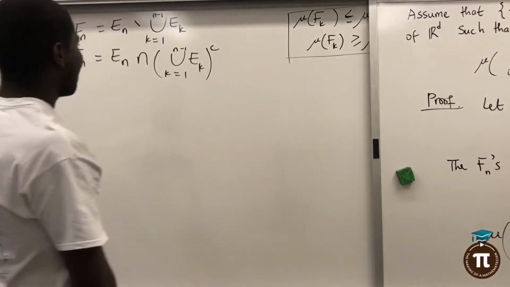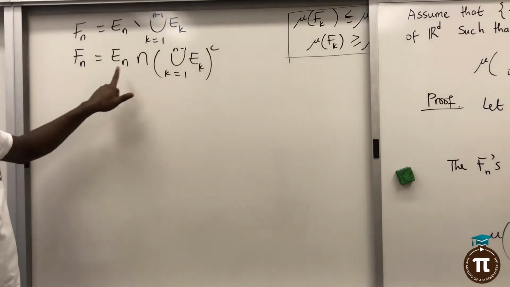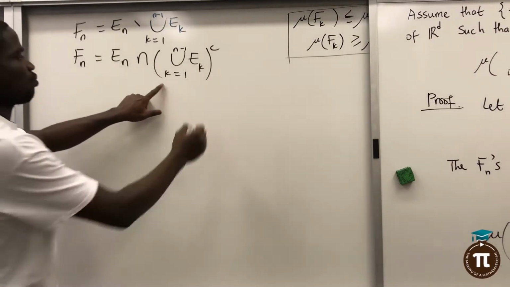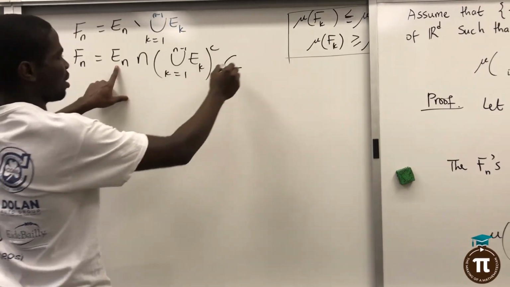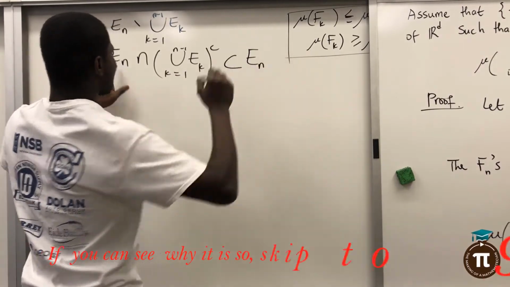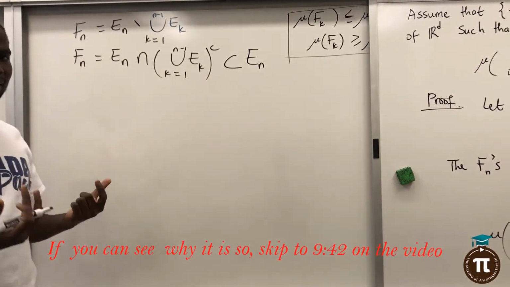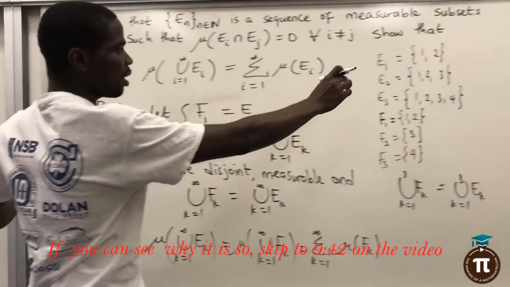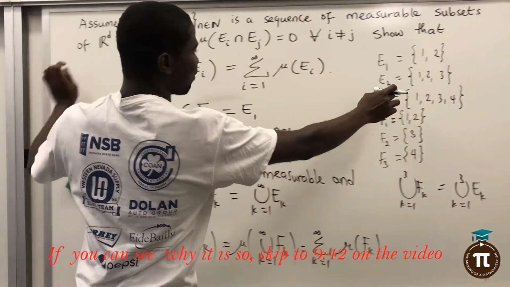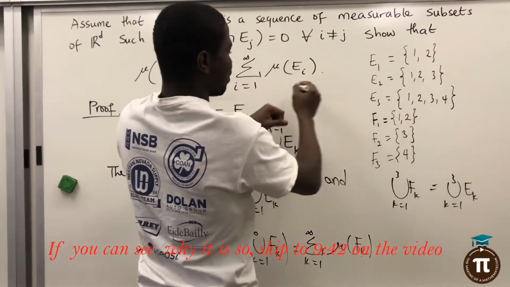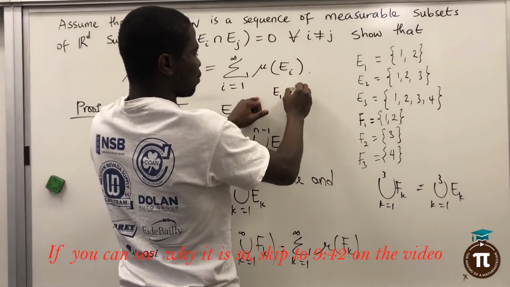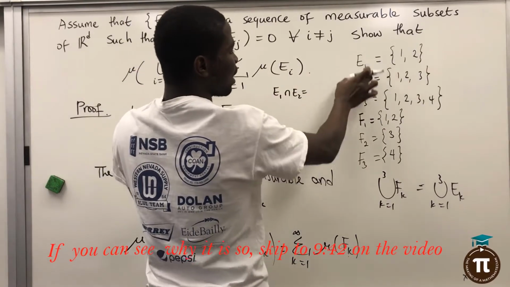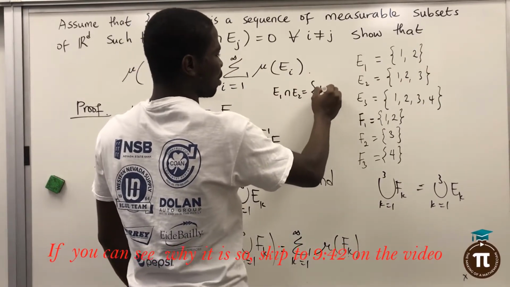Now, when you have the intersection of two sets, it will obviously be inside one of them, right? Say for instance, if you have E1 intersection E2, E1 intersection E2 is basically 1, 2.